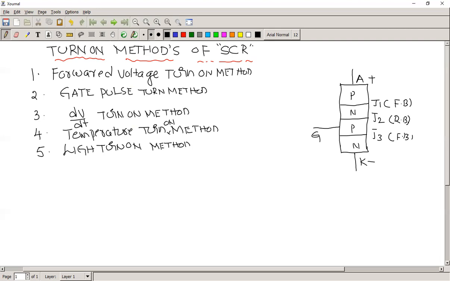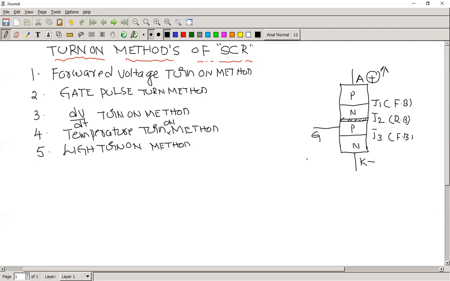Now, whenever we are increasing this anode voltage with respect to the cathode, we are not applying any gate voltage in this method. At one particular value, the junction J2 vanishes, nothing but a breakdown.